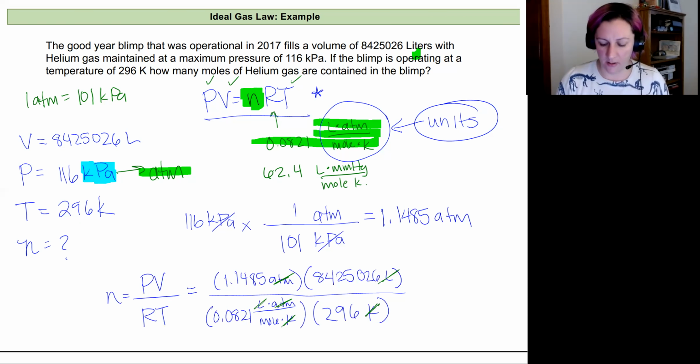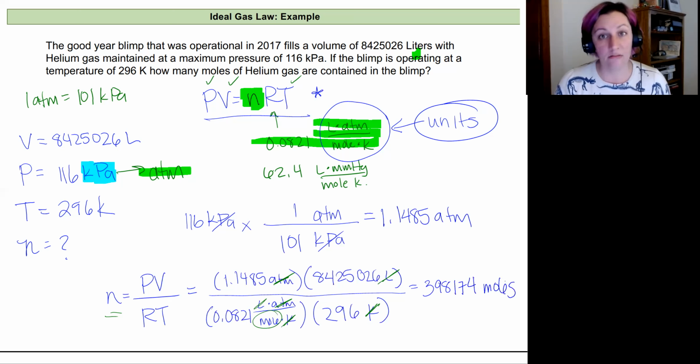Plugging this into my calculator, I get a value of 398,174 moles. That's a lot. If I reduce this down to just 3 significant figures to match the sig figs of my pressure and temperature, I would call this 398,000 moles. So that's how we use our ideal gas law.